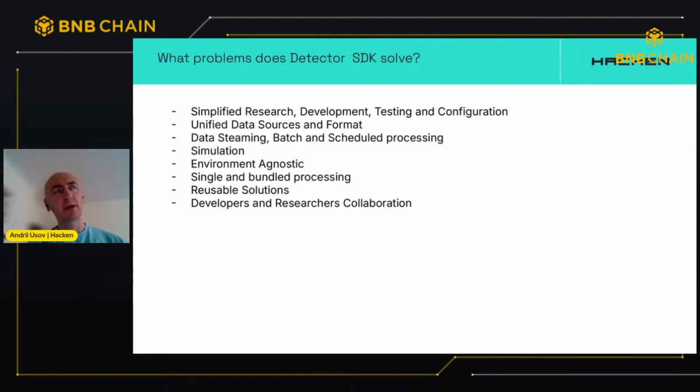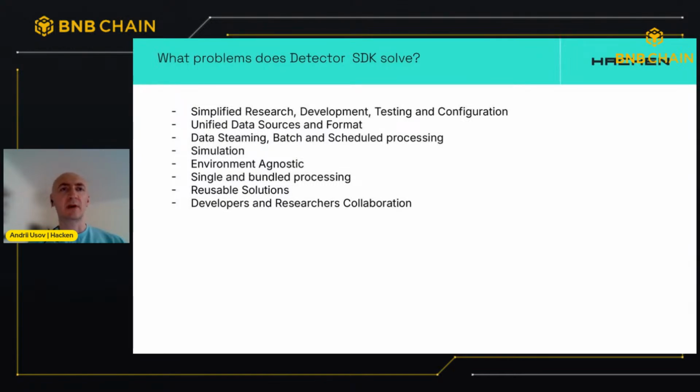In a simple case, one detector is enough. But in real life, we need more detectors to track different scenarios. For example, as a part of address poisoning, we need to find similar addresses against our monitored addresses.